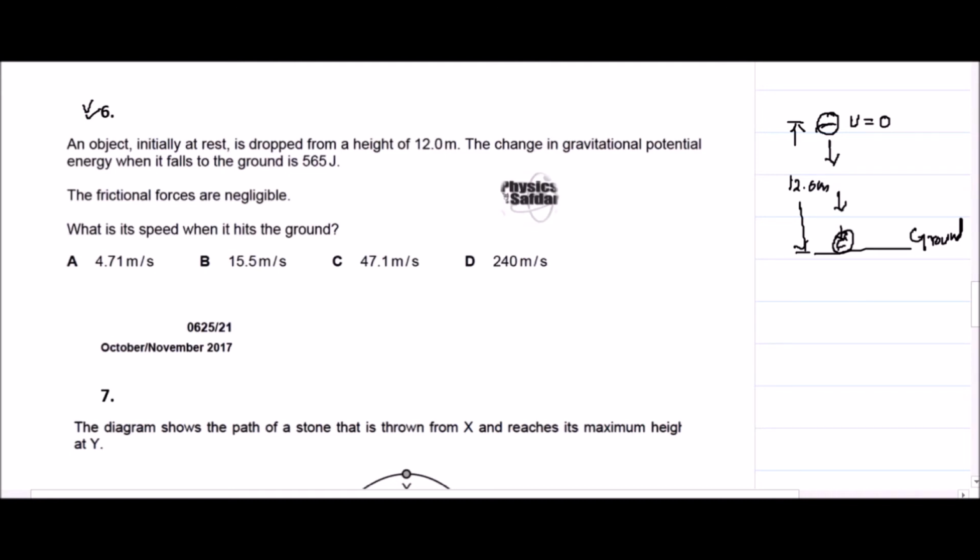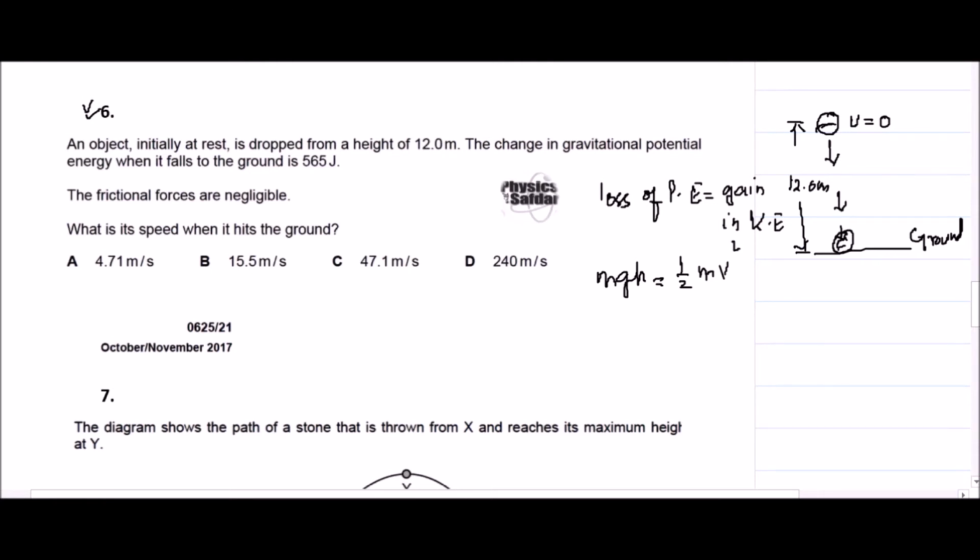So you can write that the loss of potential energy is equal to the gain in kinetic energy. So mgh is equal to half mv squared.